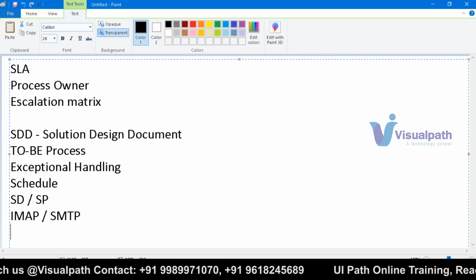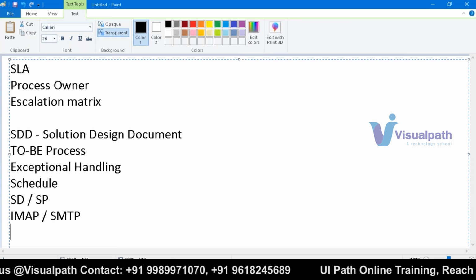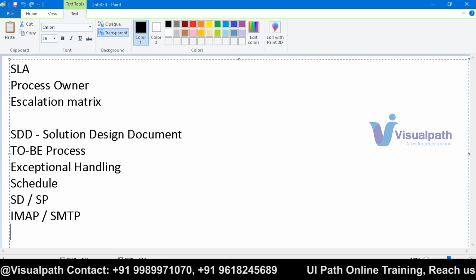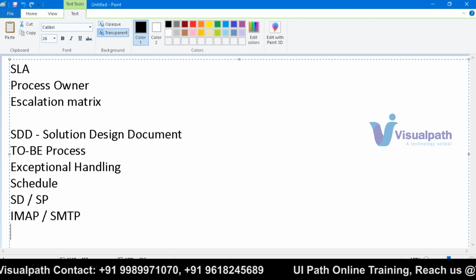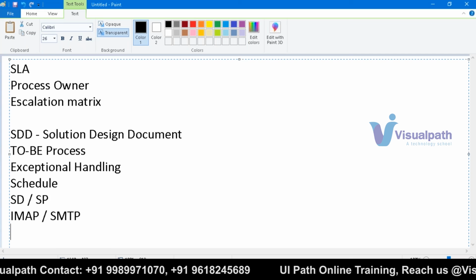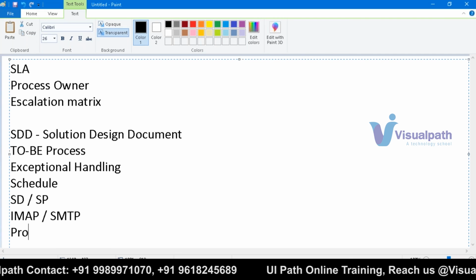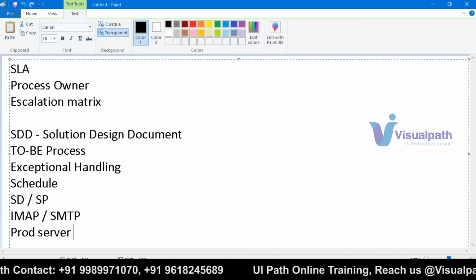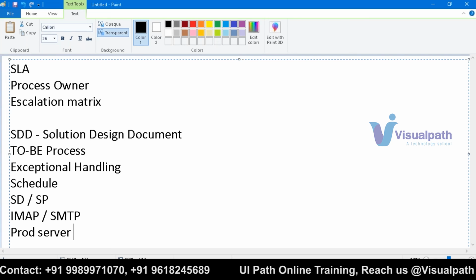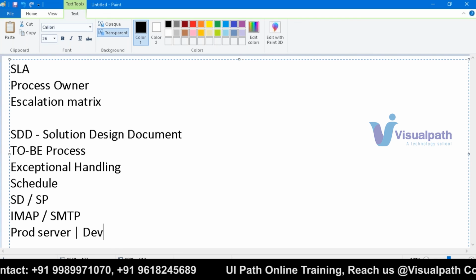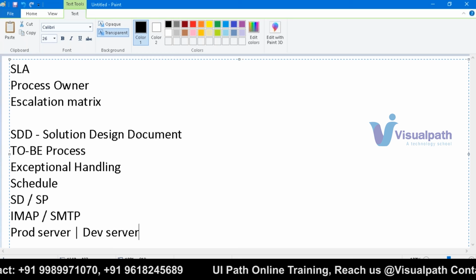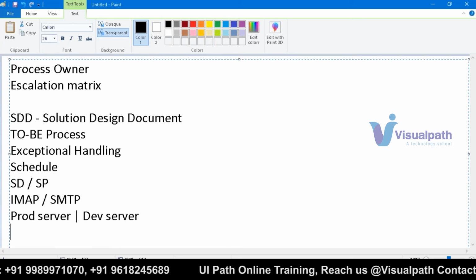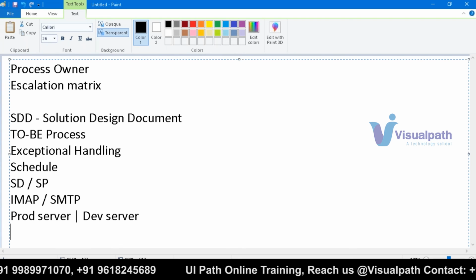We'll talk about it in our next classes, not to worry. So everything regarding your solution you will be specifying here as part of the process. In which production server will it run daily? In which development server have you built it? So all this information you will specify in the solution design document.